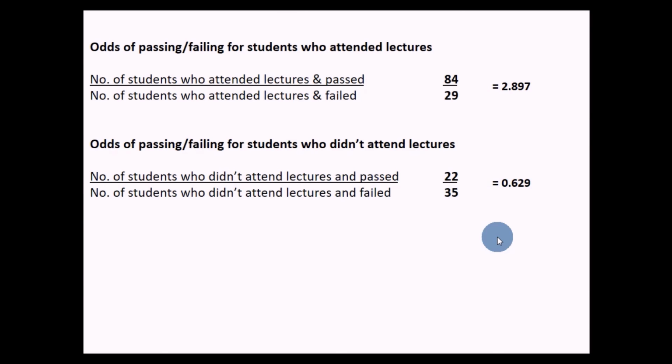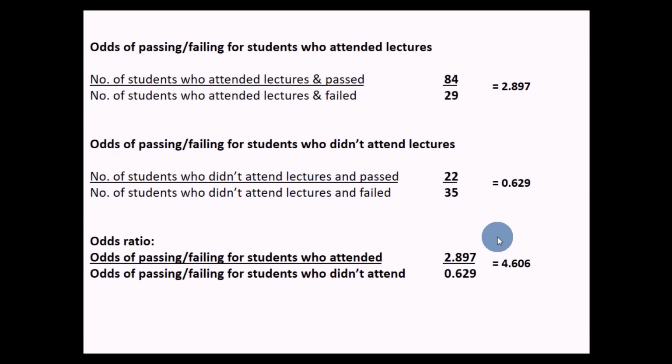And you can use these two odds to calculate the odds ratio. So the odds ratio will be the odds of passing or failing for students who attended versus the odds of passing or failing for students who didn't attend. We can feed these numbers into this calculation now, which gives us an odds ratio of 4.606.